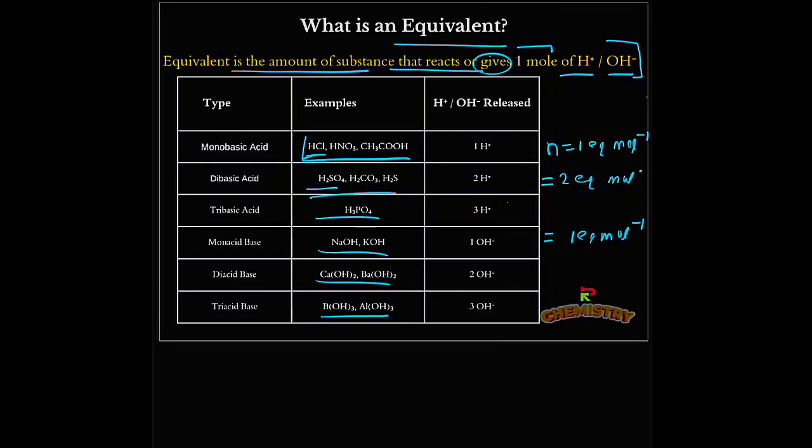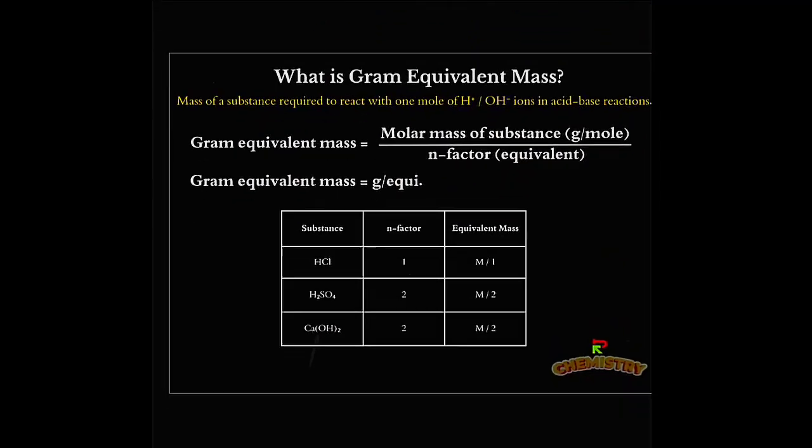So this is basically equivalent, and we understood that the unit of N factor is equivalent per mole: 1 for HCl, 2 for H2SO4, 3 for barium hydroxide or for H3PO4, phosphoric acid. Okay, so let's move to the next slide, which is gram equivalent mass.